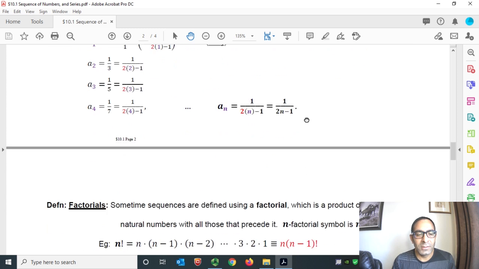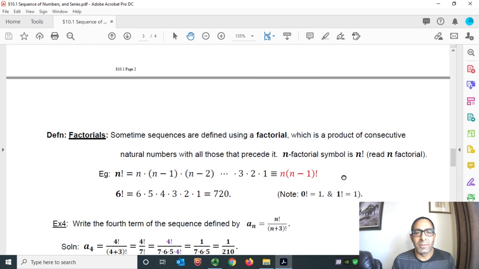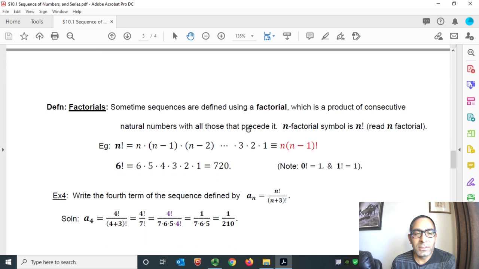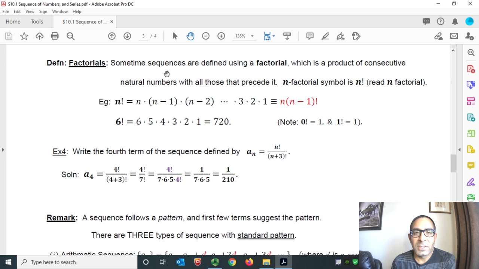Now, let's move on. Next, let's talk about factorials. Next definitions, factorials. Sometimes sequences are defined using a factorial, which is a product of consecutive natural numbers with all those that precede it.